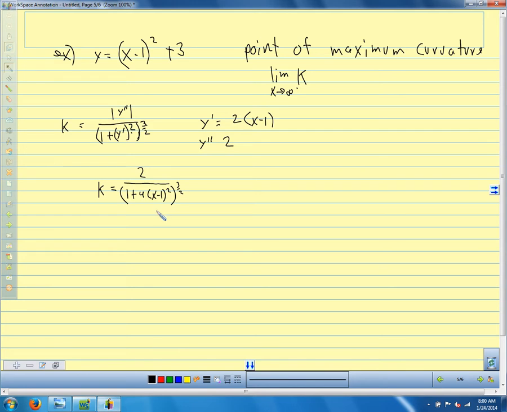We could find the derivative of this and set it equal to 0, but we can do it an easier way here. X equals 1, because that makes the denominator, well, this is 0. That's as small as that's ever going to be, right? So that makes our denominator the smallest. So at x equals 1.